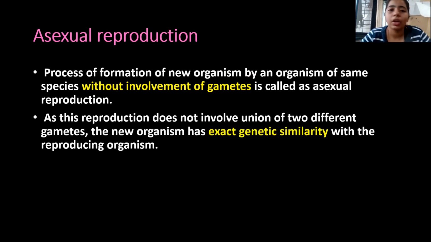This reproduction does not involve two different gametes. For asexual reproduction, you need only one type of gamete. The new organism that is produced has the same genetic similarity as the reproducing organism.